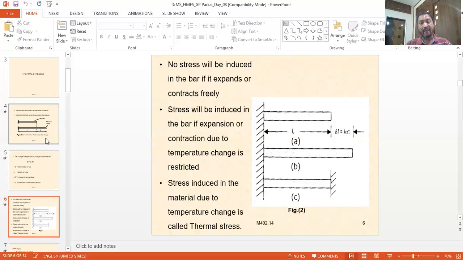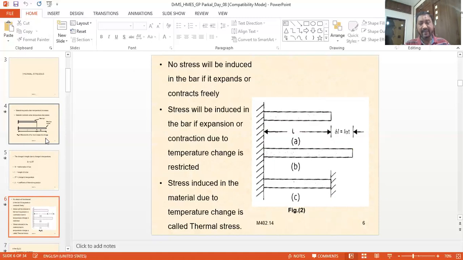But when this free expansion of the bar is obstructed or restricted, then it will not expand. When it is freely allowed, it will just expand and there will be no stress.